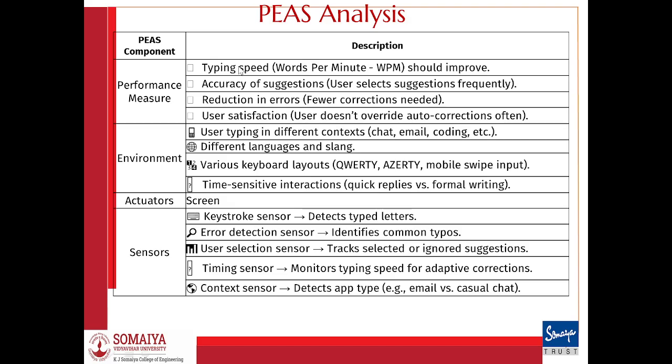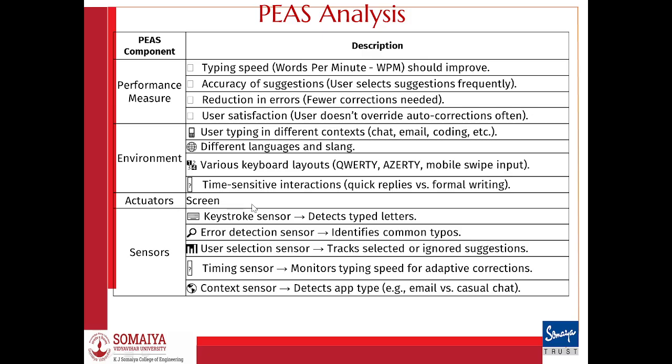The parameters over which we can analyze the performance of the agent every time it runs could be the typing speed, the accuracy of suggestions, and user satisfaction. The environment would contain the user typing in different contexts like apps, different languages, slangs, abbreviations, various keyboard layouts, and time sensitive interactions.